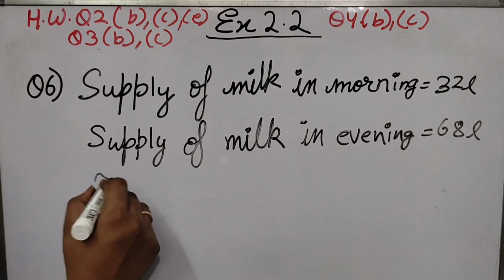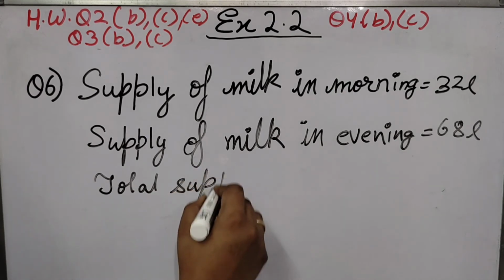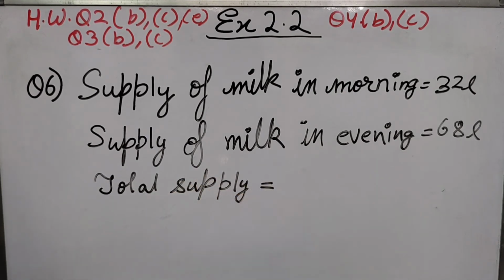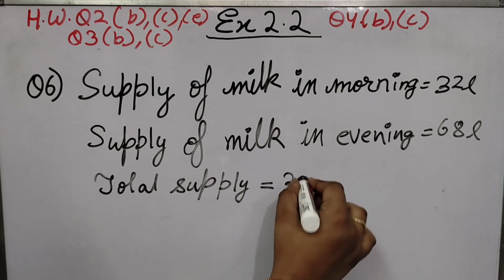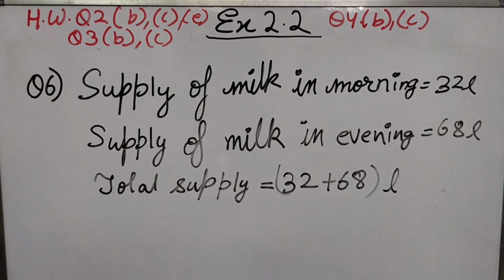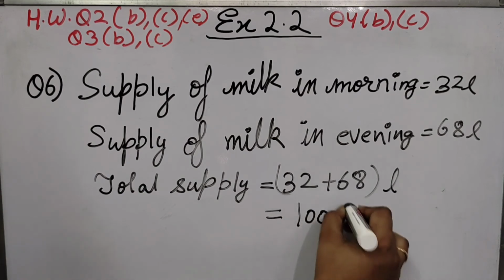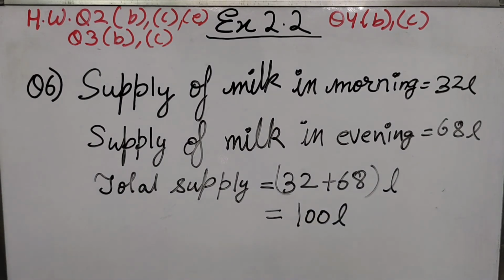So, total supply is equal to 32 plus 68 liters. On adding 32 and 68, we get 100 liters. So, in total 100 liters of milk is being supplied to a hotel by a vendor.